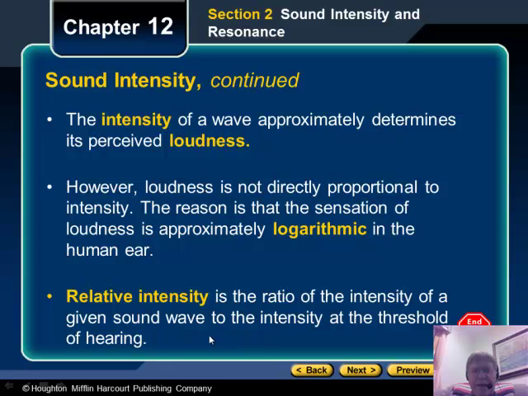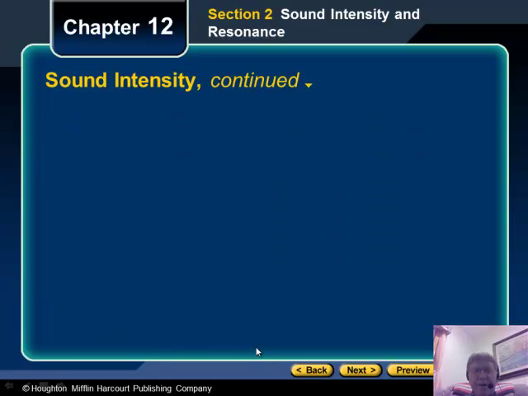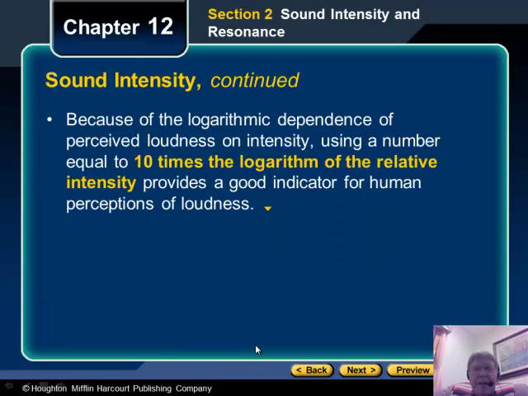That causes some issues with doing calculations. We're not going to do that in our book, so you don't have to worry about that. But relative intensity is the ratio of the intensity of a given sound wave to the intensity at the threshold of hearing. And because of the logarithmic dependence of perceived loudness on intensity, a number equal to 10 times the logarithm of the relative intensity is a good indicator for human perceptions of loudness.